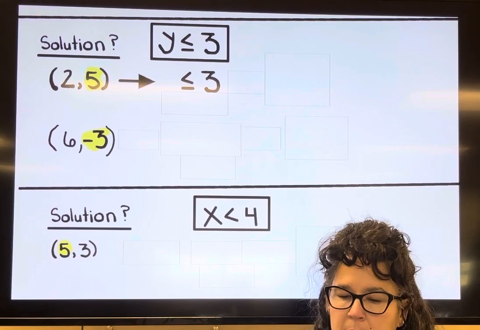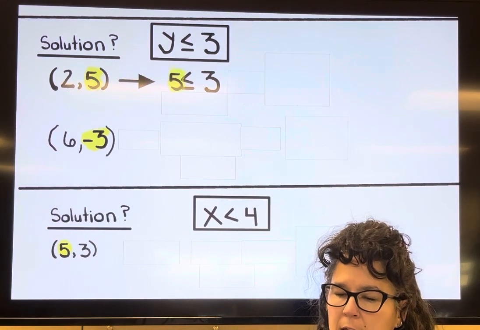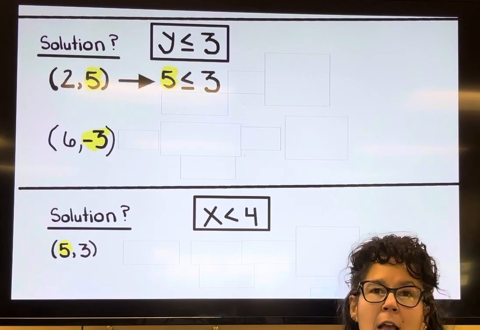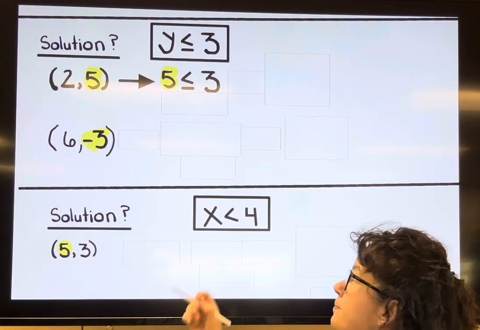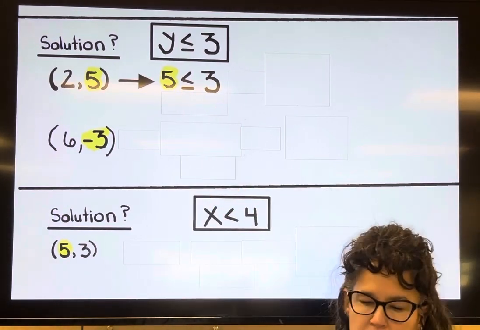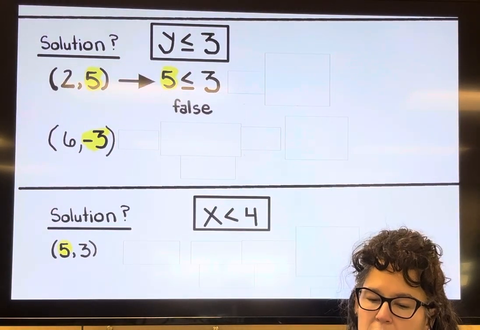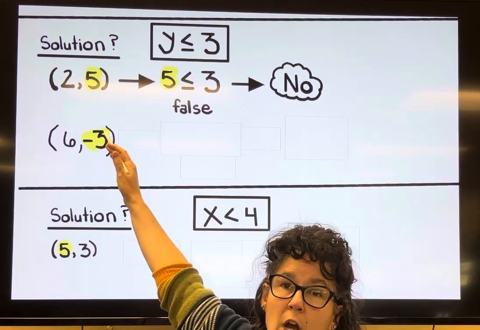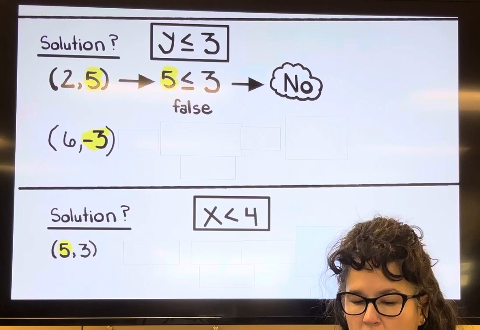I'm simply substituting only the 5, which is the y, in there. Now the alligator should be eating the larger one, and 3 is smaller than 5, so this is false, which leads me to no, the point 2, 5 is not a solution to my inequality.